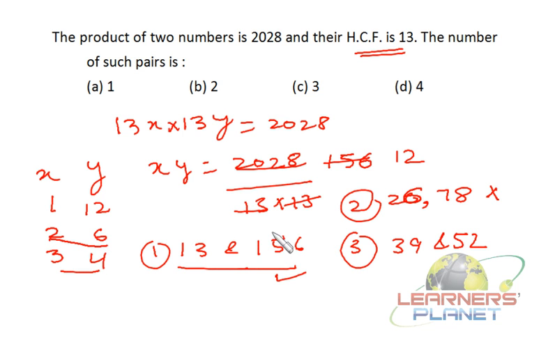So the final HCF will be 13 into 2, that is 26, and we want the HCF to be 13, so we need to choose the pairs which are co-prime to each other. Okay friends, so I hope you are clear. So in this case we have two pairs, that is 13 and 156 and 39 and 52.